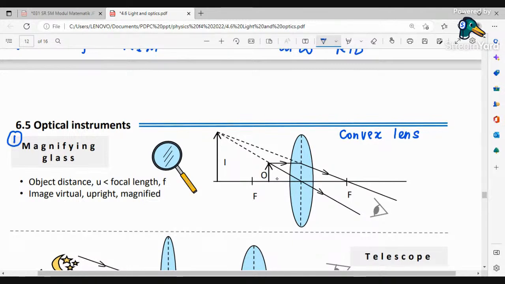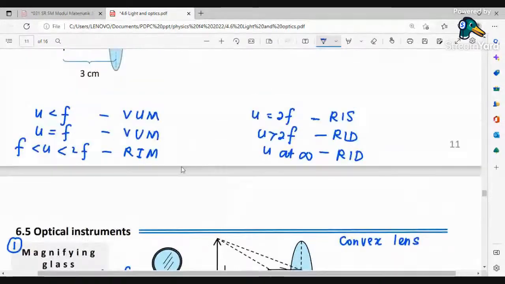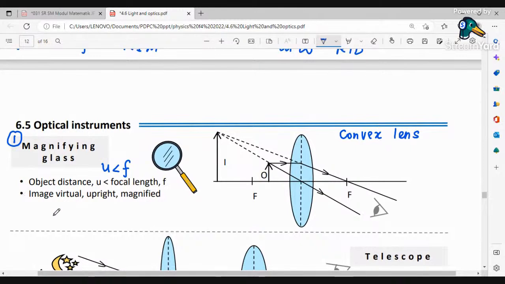When close to the object, u is less than f. Remember, u less than f gives virtual, upright, magnified. So the image formed is virtual, upright, magnified.